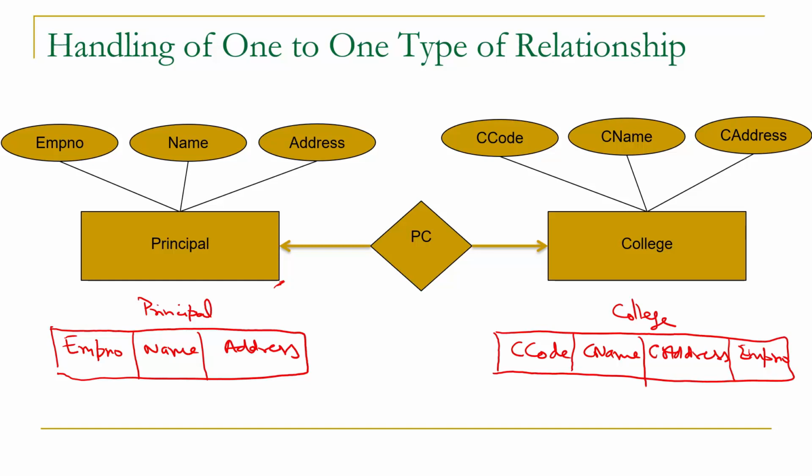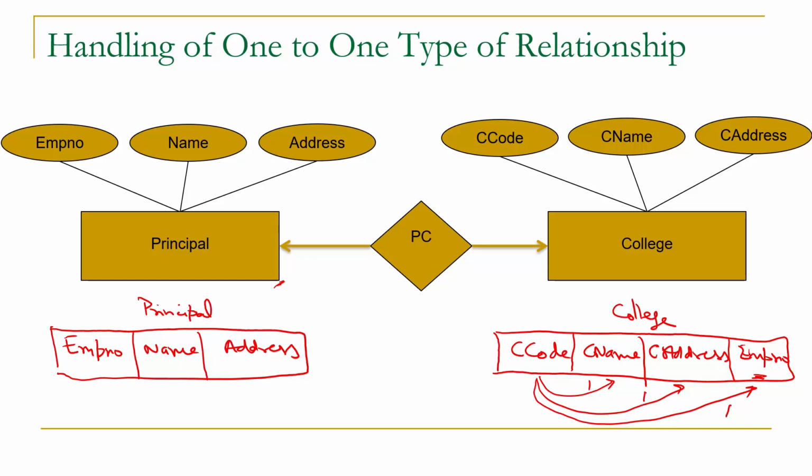So there will be four columns in college table in this case. For every college code we have one college name, for every college code we have one college address, and for every college code we have one principal whose employee number is stored in this column.